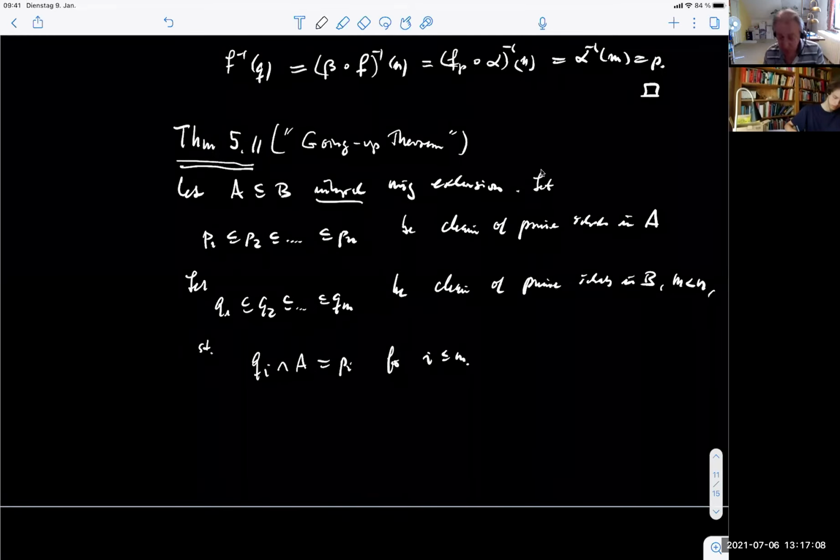And the point is, okay, then I can extend the Q chain to a chain in B, such that the compatibility holds. So then the chain, okay, this is unreadable.